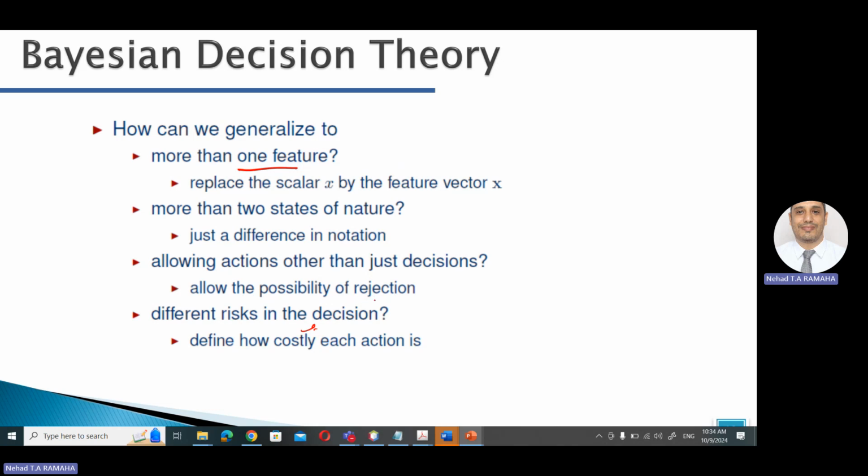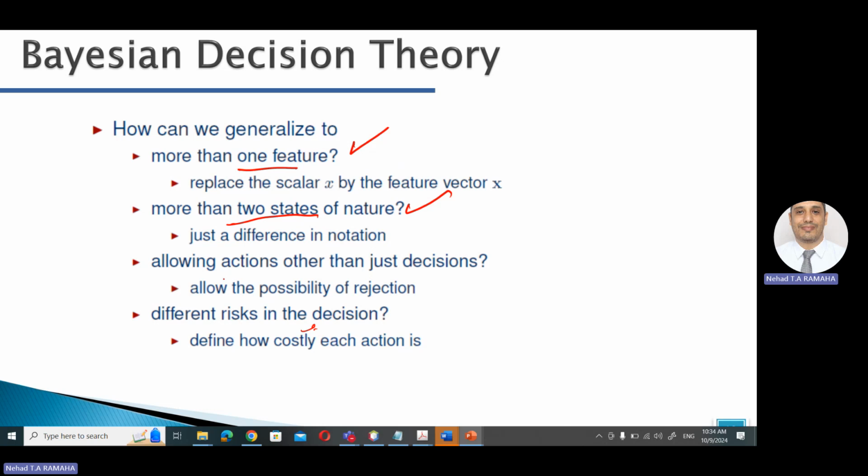Usually we have more than one feature, not only X. Usually we have more than two classes, not only W1, W2. We could have more classes. We will see all this when we have more features and more classes, later.